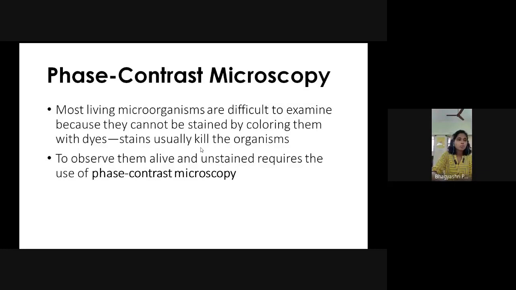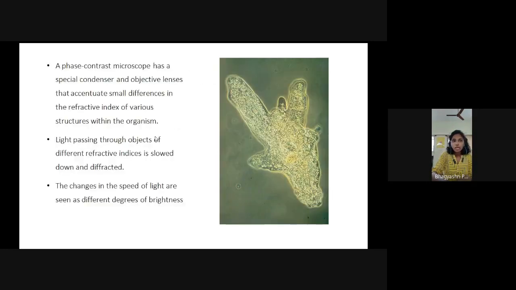If you can see this picture of an amoeba, small granular structures within the cells are also distinguishable. This is not possible by any staining procedure or any light field or dark field microscope, because they diffract light on the same plane.